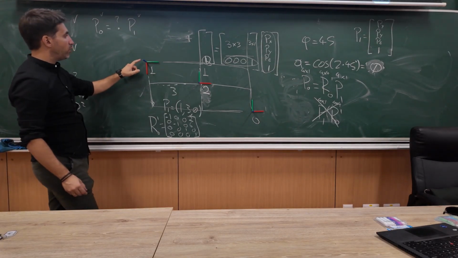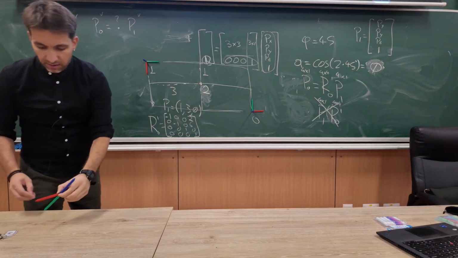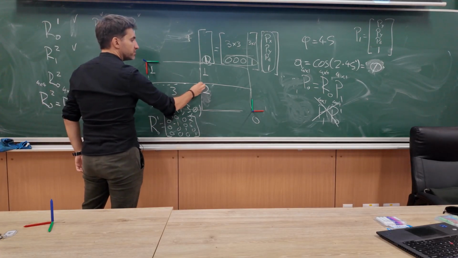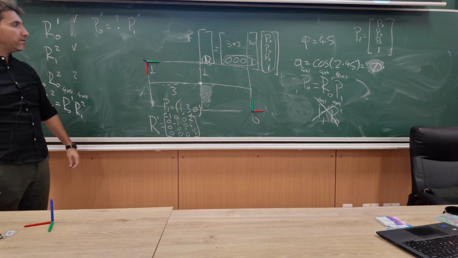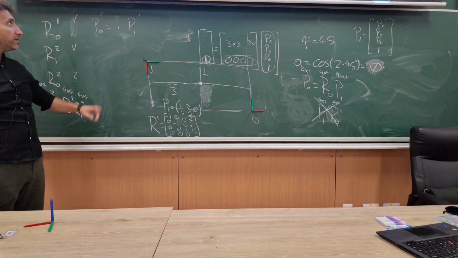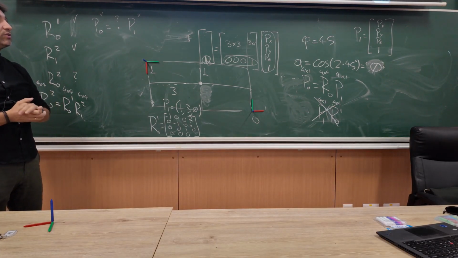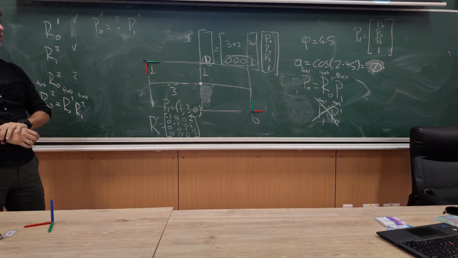Basically you know some coordinates of this point in one frame, and you know the coordinates in the other frame. Can you calculate the transformation between them? Probably yes.